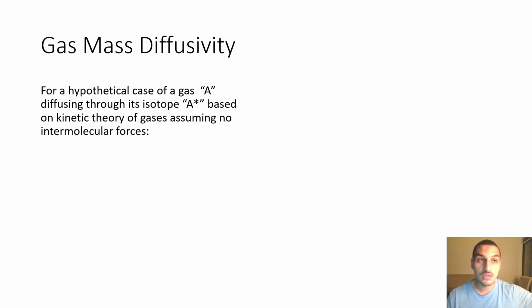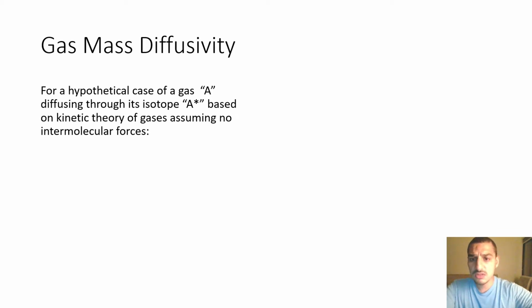So the molecular volume in both cases is the same, and that's why this is a very hypothetical case, where the two species A and A star, the diffusing species and the medium it's diffusing in, are different but have the same molecular volume or atomic volume.